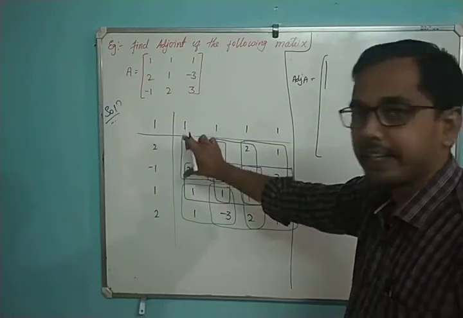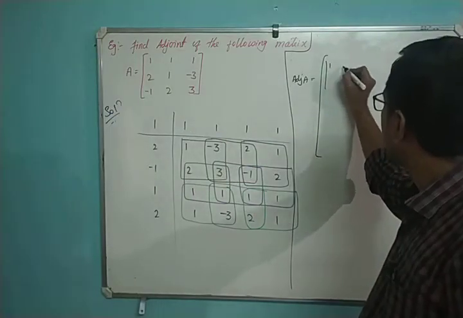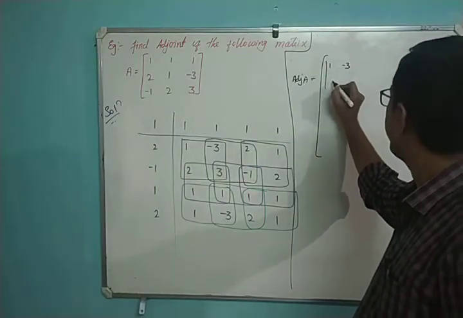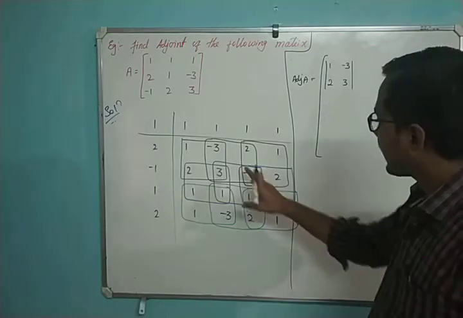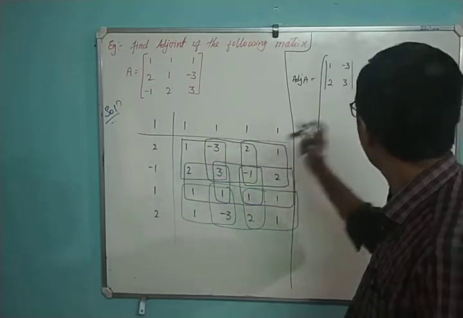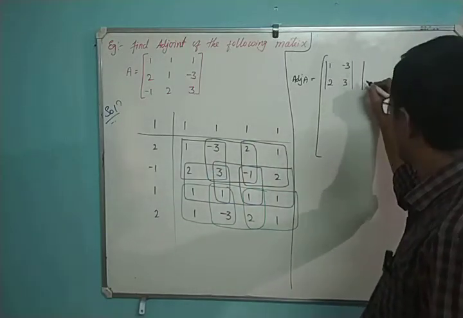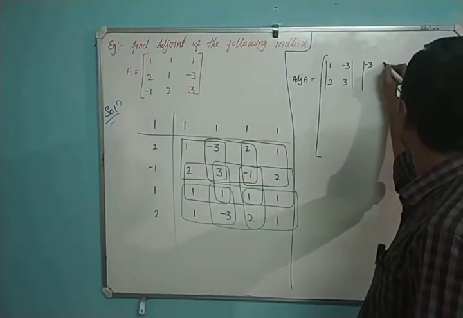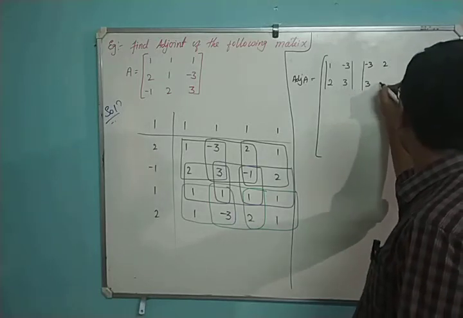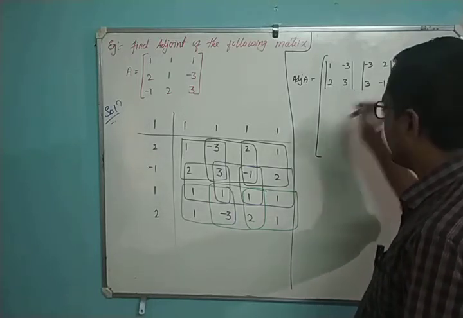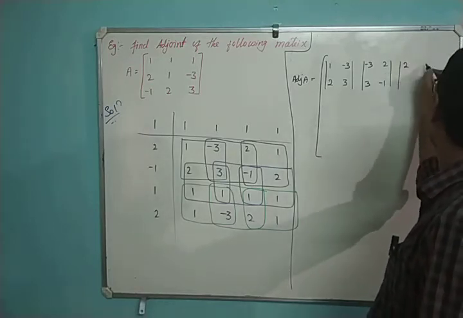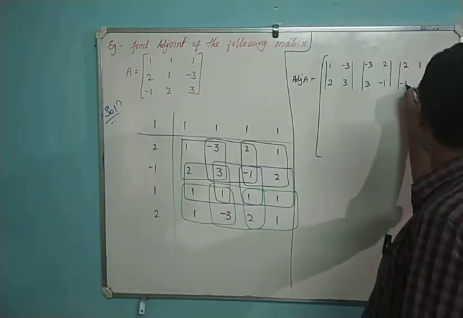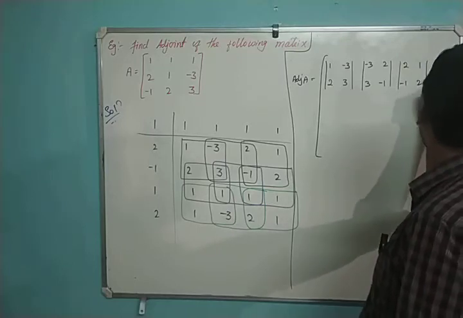This box you write in the form of determinant. 1, minus 3, 2, 3. This is first one. Second, this box: minus 3, 2, 3, minus 1. And third one, this box, take it as third determinant: 2, 1, minus 1, 2.